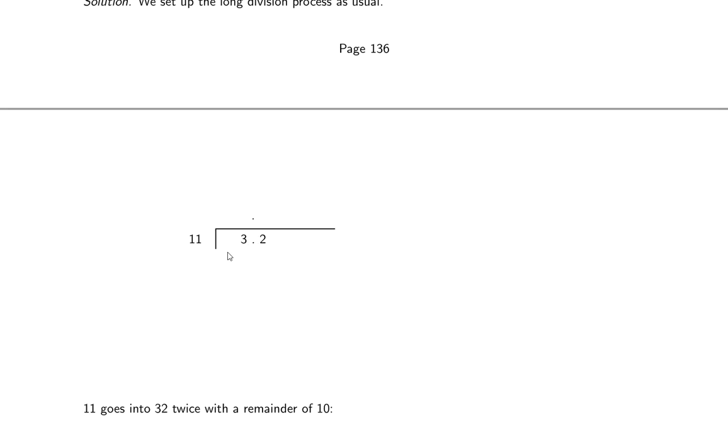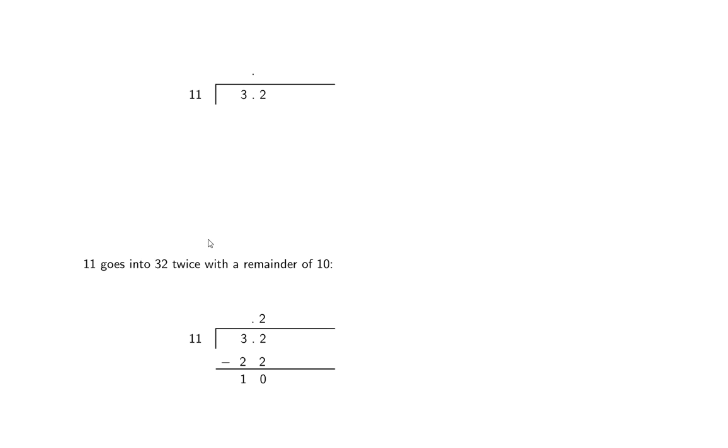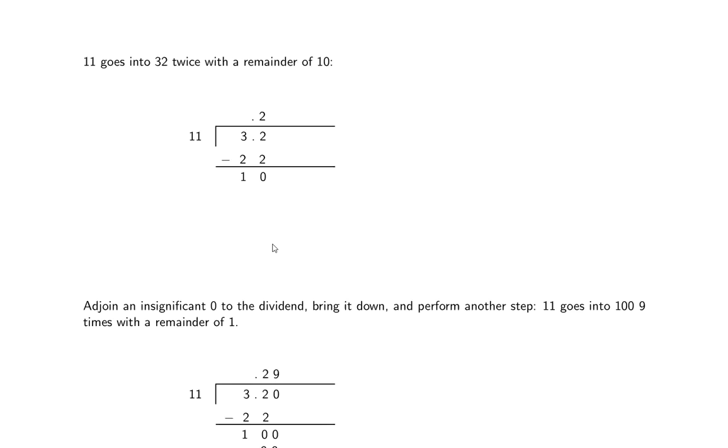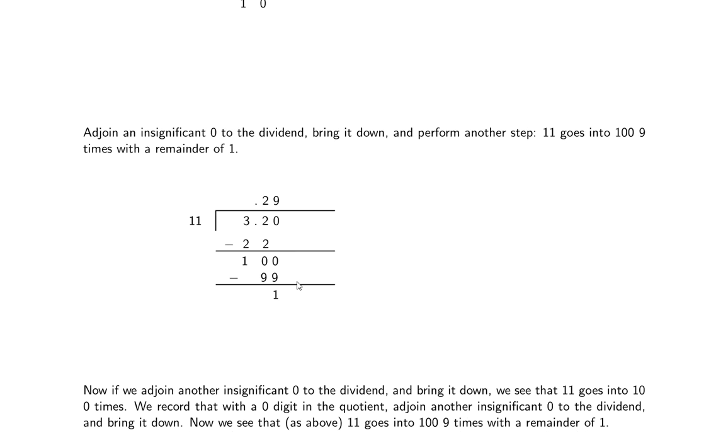And so here's its setup, 3.2 divided by 11. 11 doesn't fit into 3, but it fits into 32 2 times. We can add a 0. So this is 10. Bring down the 0.